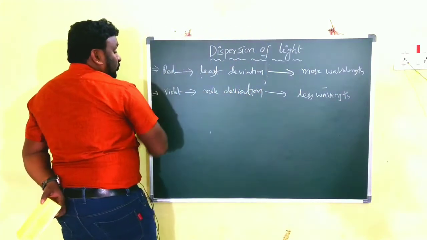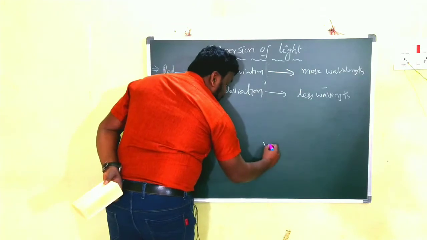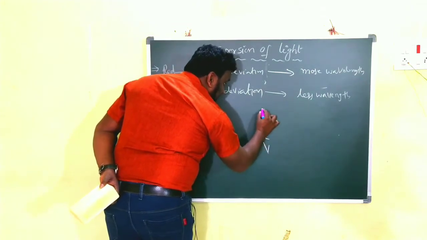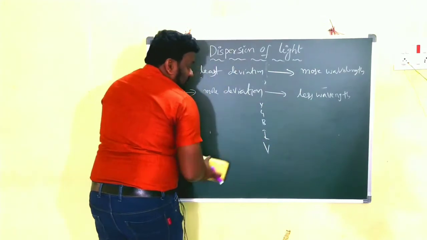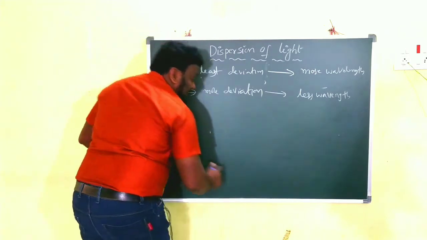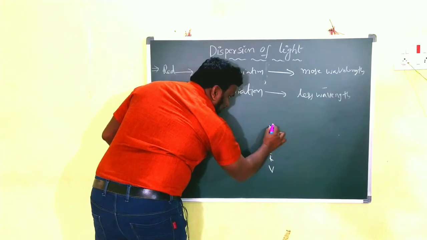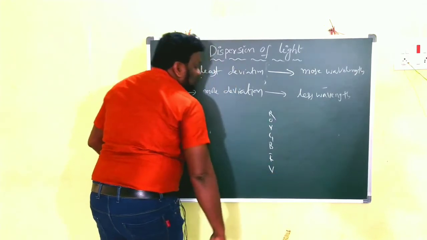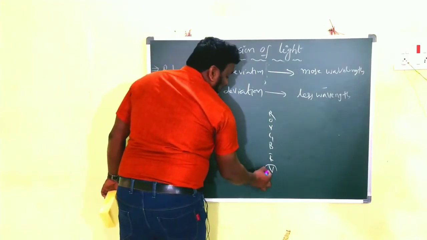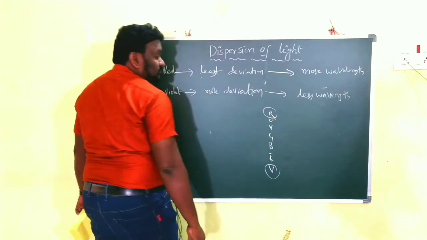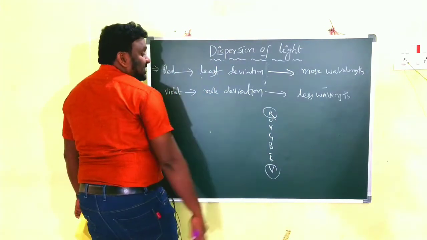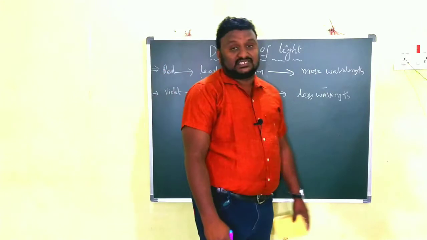Clear? Why are we talking about all these things? Why are we not talking about the remaining colors? Why are we talking about the red and violet colors? Generally we talk about violet and red because these are the extreme colors.